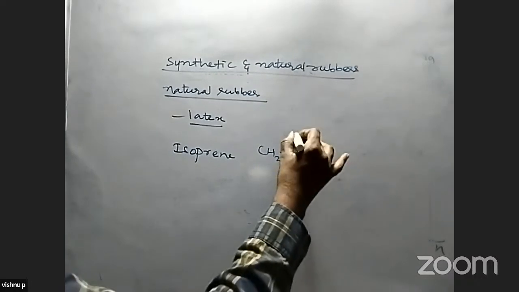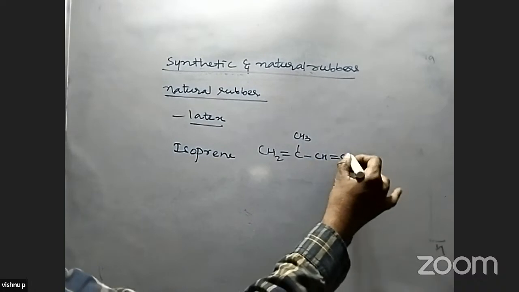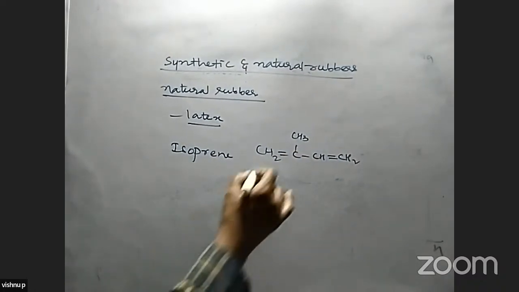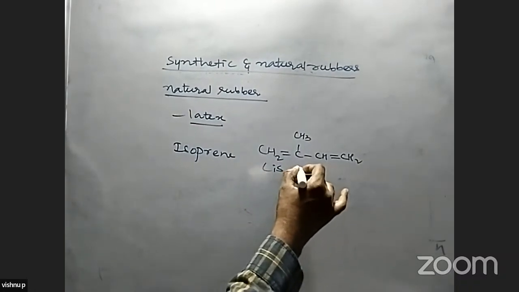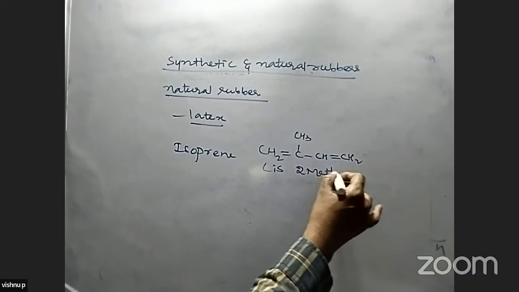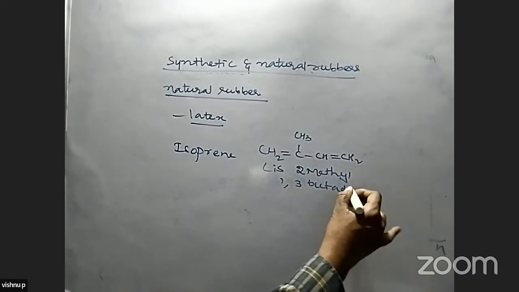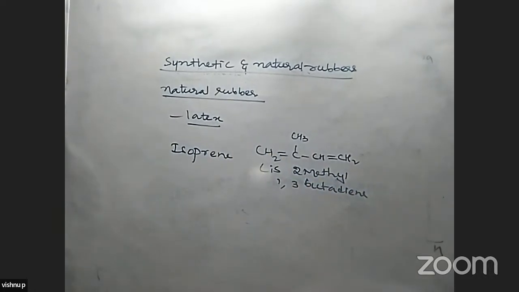CH2 double bond C, CH3, next CH double bond CH2. This is called an isoprene unit. This is cis 2 methyl 1,3 butadiene, called an isoprene unit.